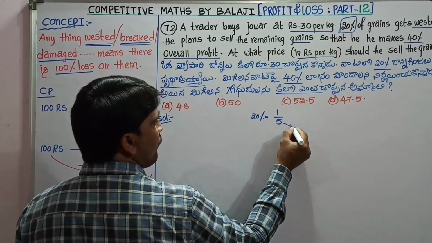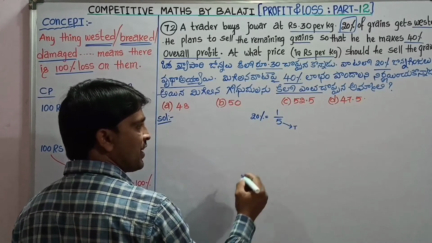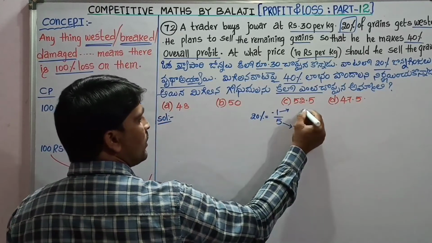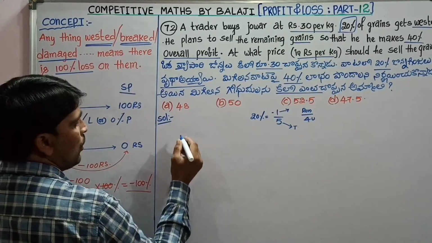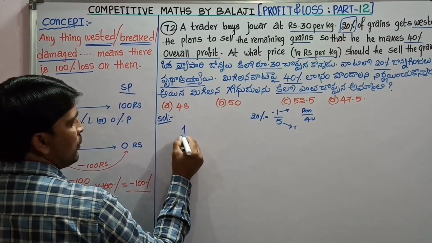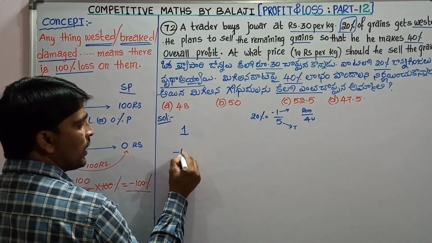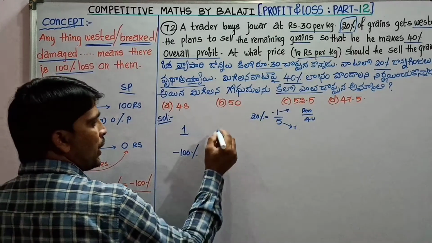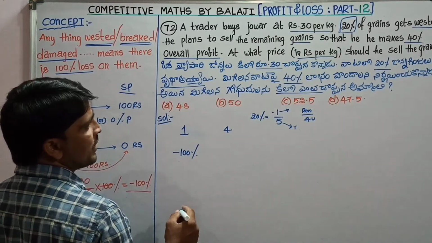If total grains are 5 units, there is a loss of 1 unit of grain and remaining are 4 units. Out of 5 units of grains, 1 unit is wasted. That means we get 100% loss on 1 unit of grains. Remaining are 4 units of grains.